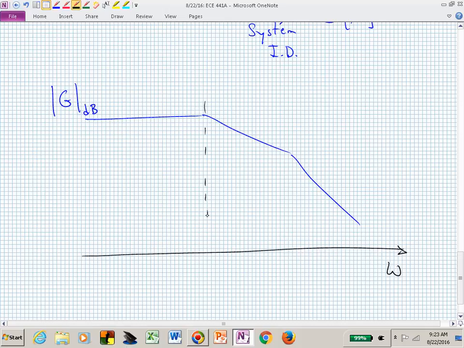Meaning we might be able to identify, oh, the slope is now changed at omega naught. The slope has changed at omega 1. And from that information, do you remember what omega 1 and omega 0 might represent in terms of system properties or system characteristics? What would give rise to this behavior at omega sub 0? What particular system property?